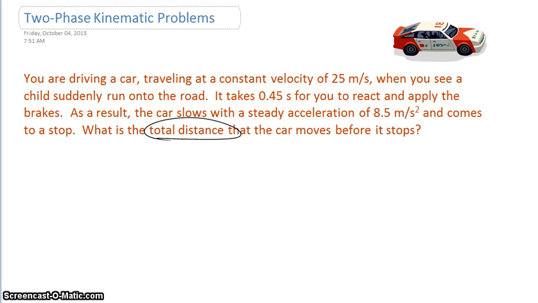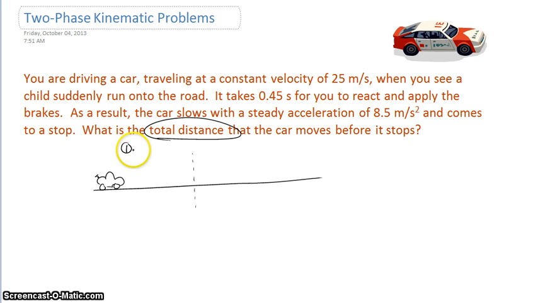Now, why do I call this a two-phase kinematic problem? Well, if you notice, there's really two things going on. This car, gotta draw a car. There it is. Doesn't look very sporty. I'll give it a little spoiler there. Beautiful. So this thing is zooming along, and there's two different phases to what's going on. The first phase is reacting.